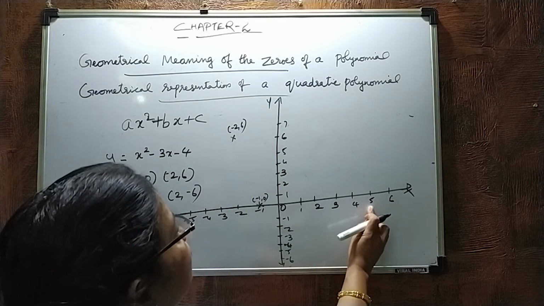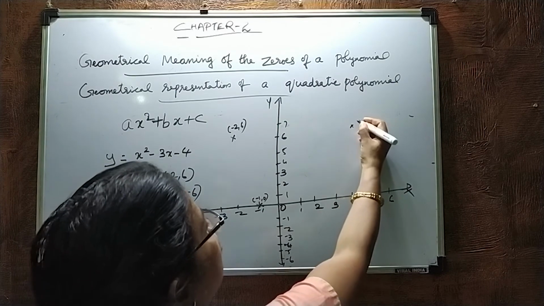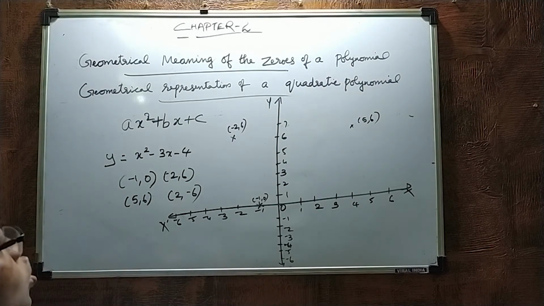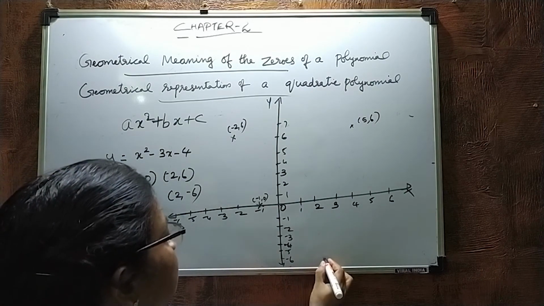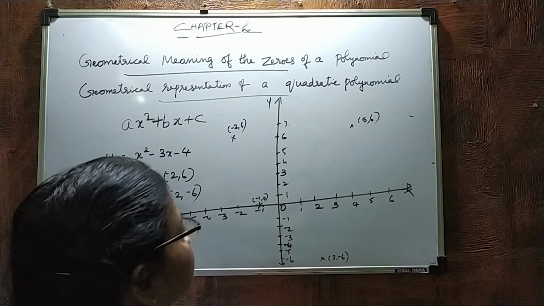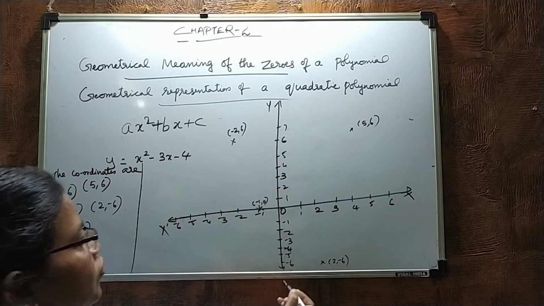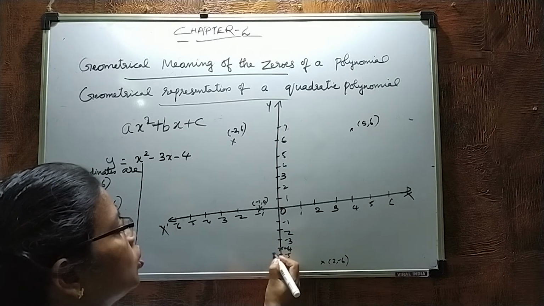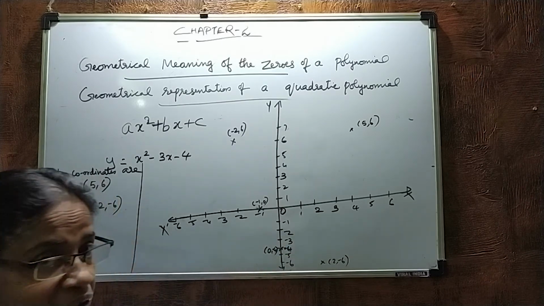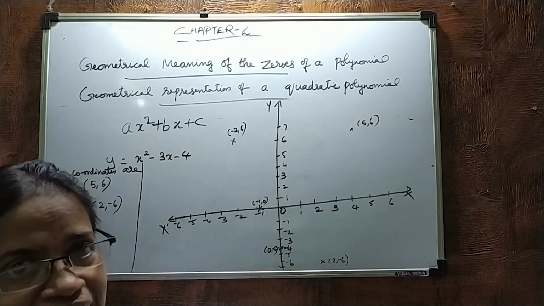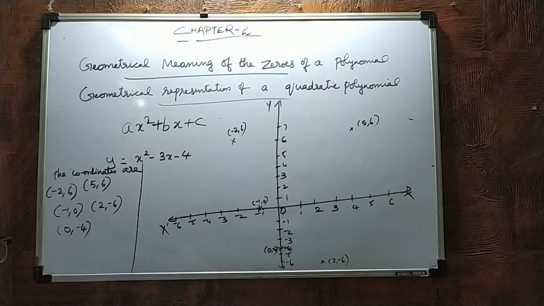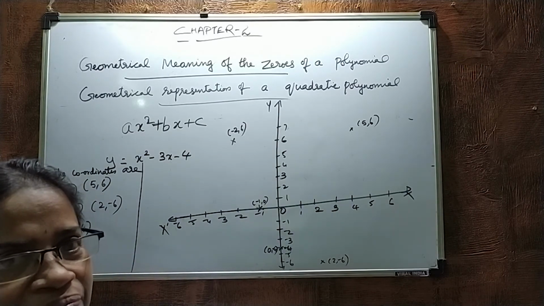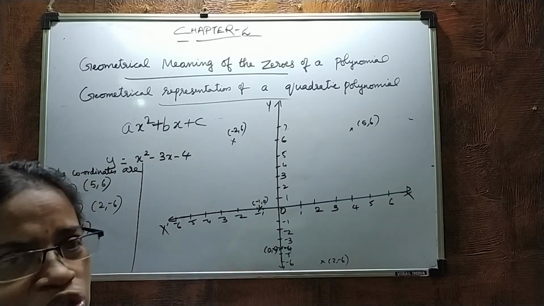The next one, 2, negative 6. And one more point, 0, negative 4. Already we have studied how to plot the coordinates in 9th standard, that's why I am not explaining it. We will do it again in the next lesson. This I only want to show you roughly.